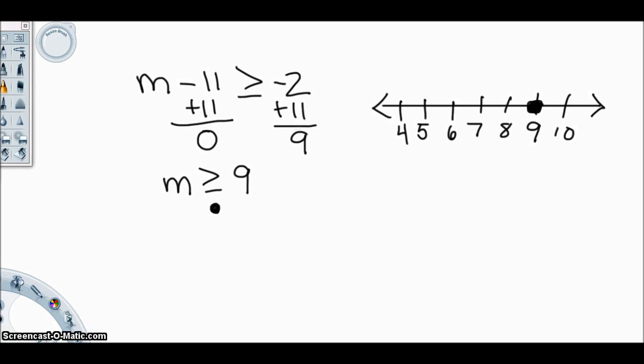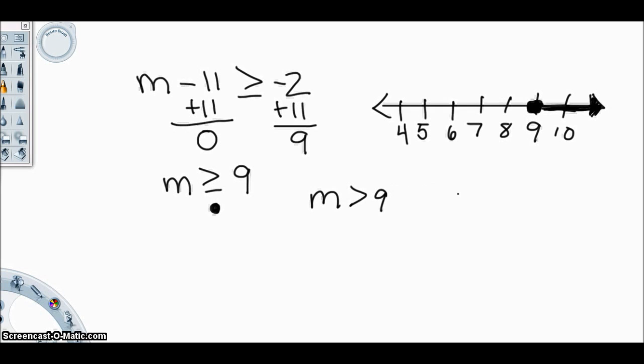We're going to put a closed circle, a filled in dot at 9, and we need to look. m is greater than or equal to 9. So which direction are we going to go? For numbers bigger than 9, we know 10 is bigger. We're going to fill in the side that has 10 on it, and we're going to color in that arrowhead because 1,000 is bigger than 9, 400 is bigger than 9, all of the numbers we need.